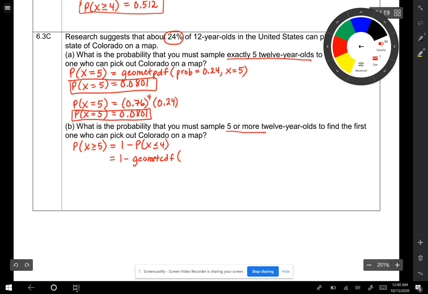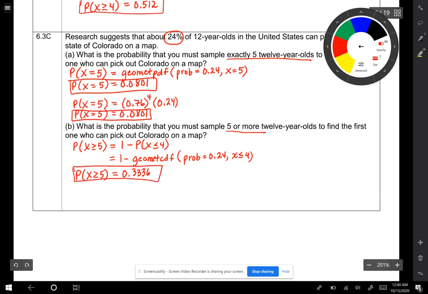Just remember, C is for cumulative and P is for point. So probability of success is 0.24, X is less than or equal to 4. And therefore, the probability that X is greater than or equal to 5 is 0.3336.